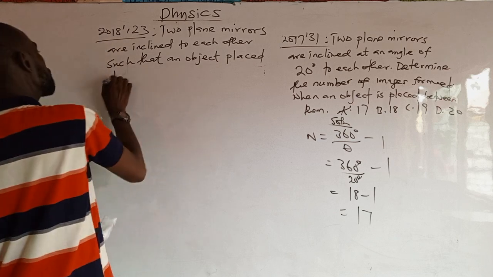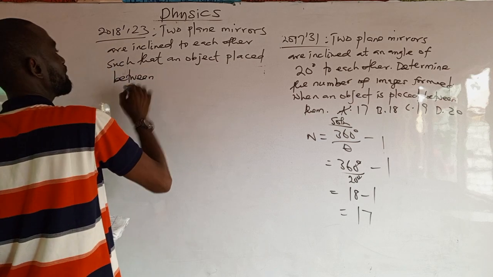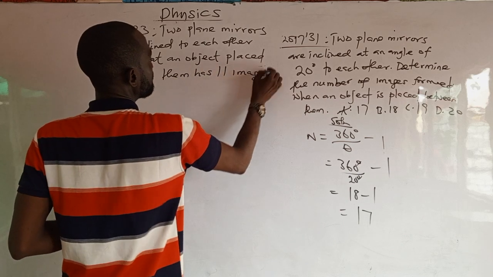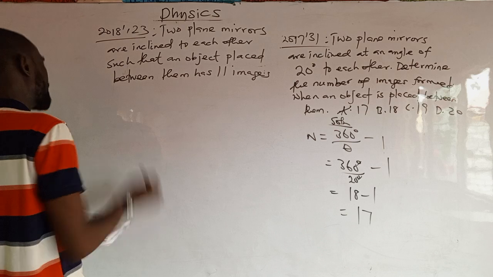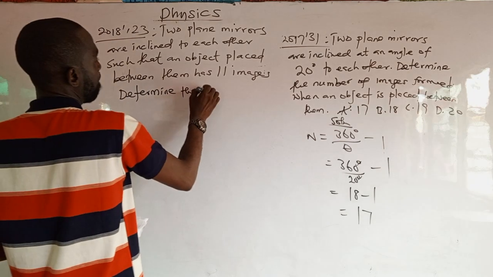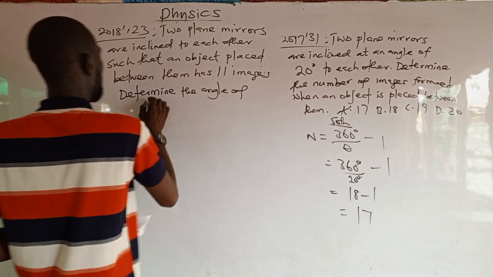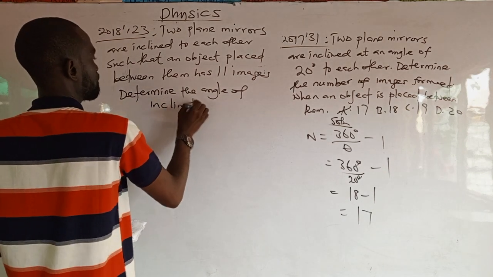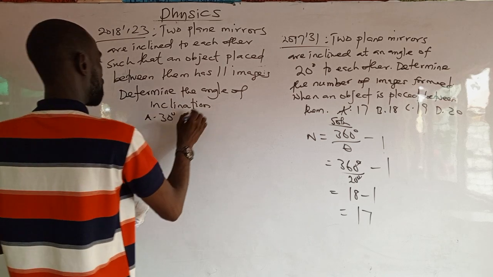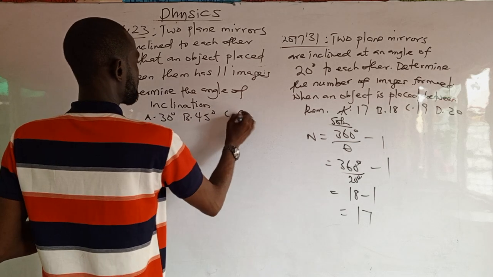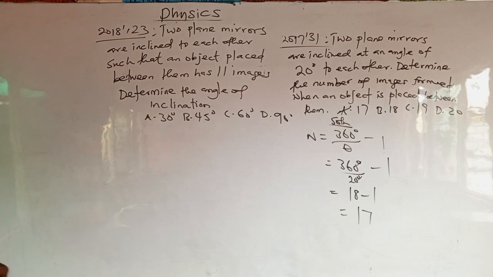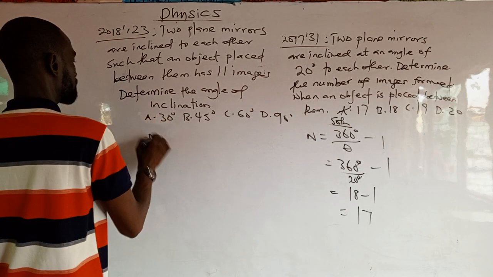Determine the angle of inclination. We have options A 30, B 45, C 60, D 90 degrees. So what we're going to do here, we'll apply the formula. Number of images is what?